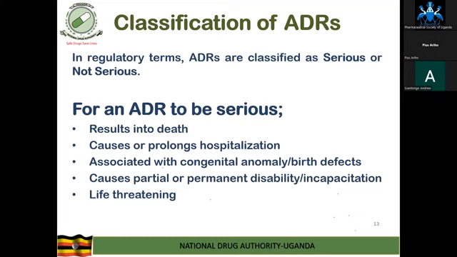Serious adverse drug reactions are reactions that either lead to death, or cause prolongation of hospitalization, or are associated with birth defects like the one I've just mentioned, or cause partial or permanent disability, or are life-threatening. Those are called serious adverse drug reactions, and these cannot just be looked at lightly.